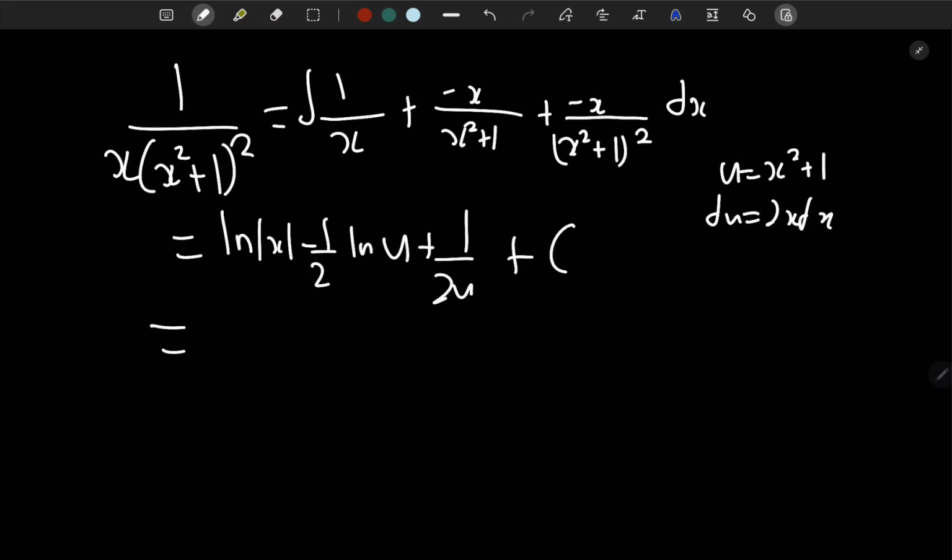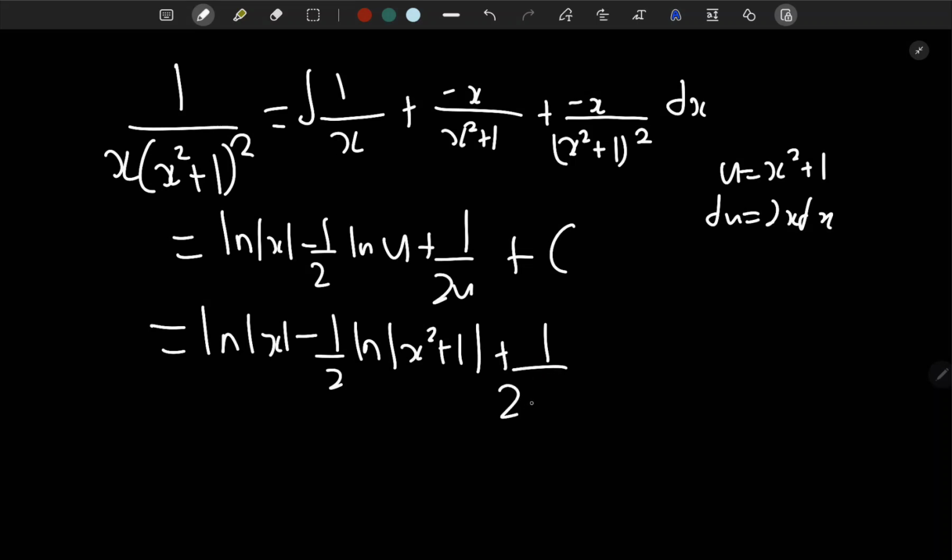Now the final step left is substituting u back, so ln x minus 1 over 2 ln of x squared plus 1 plus 1 over 2 times x squared plus 1 plus c.